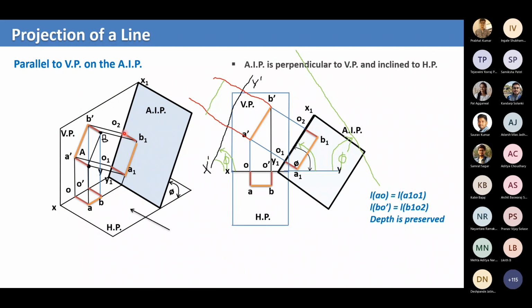Now when you take a plane which is at the same angle phi as that of the line AB, when you take that auxiliary plane, you get the true length when it is projected. That projection will give you the true length. We are doing the same thing here.